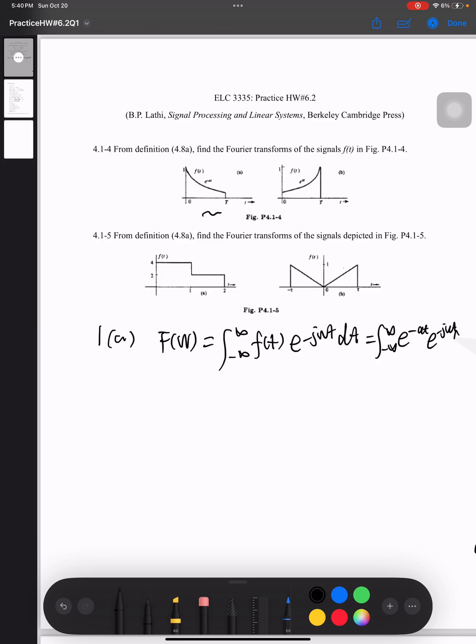We calculate this integral, also from 0 to T, so we can simply write it like this: e^(-(a plus j omega)t) dt.